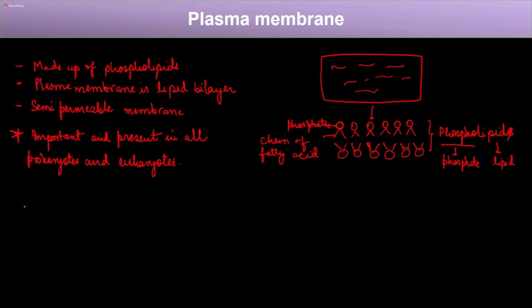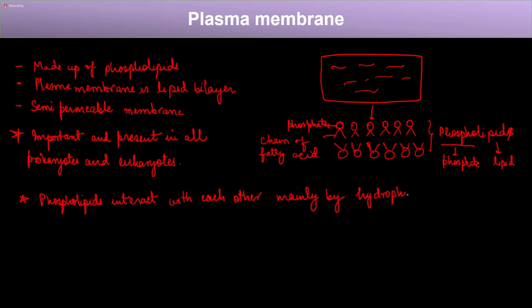Now, one more thing that you should know is that the plasma membrane consists of this lipid bilayer, made of phospholipids. So how are these lipids attached to each other, or how do they form such a compact structure? What forces are used here? These phospholipids interact with each other mainly by hydrophobic interactions.